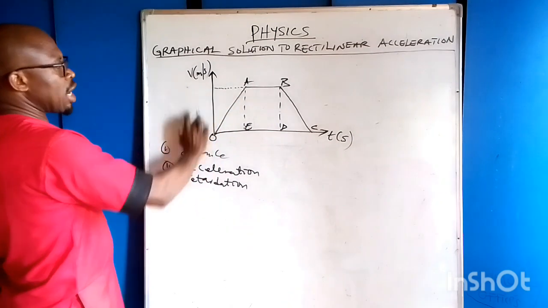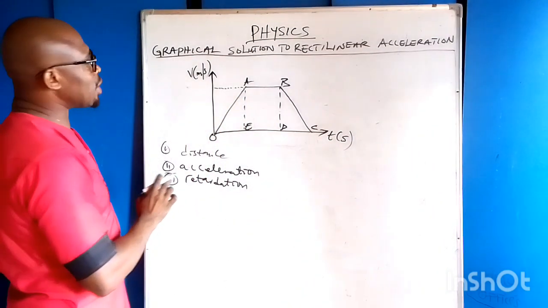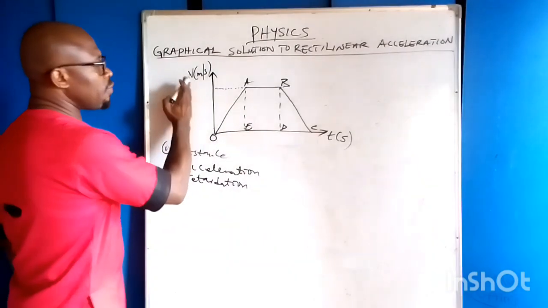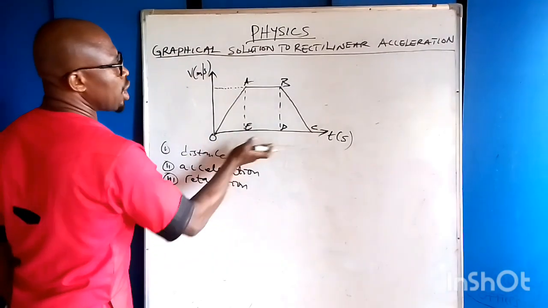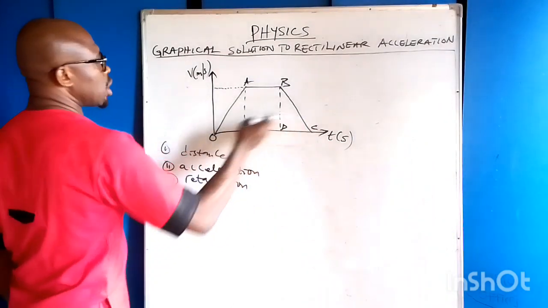Any value you have here is the value of your speed or the velocity, because this is a velocity time graph, and whatever you have here is your time, which is in seconds.